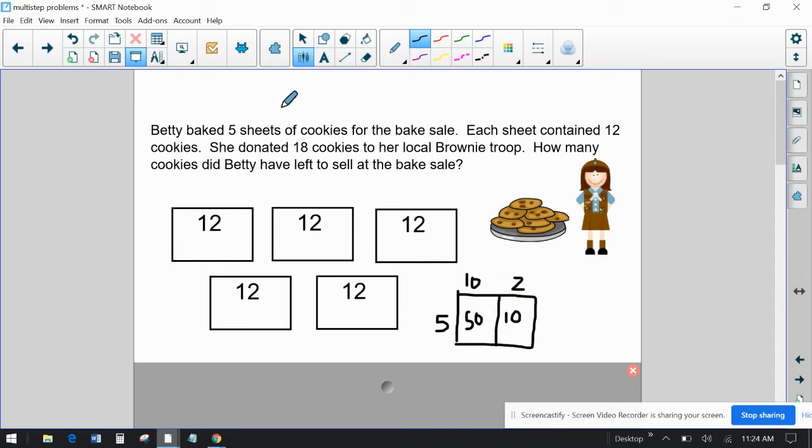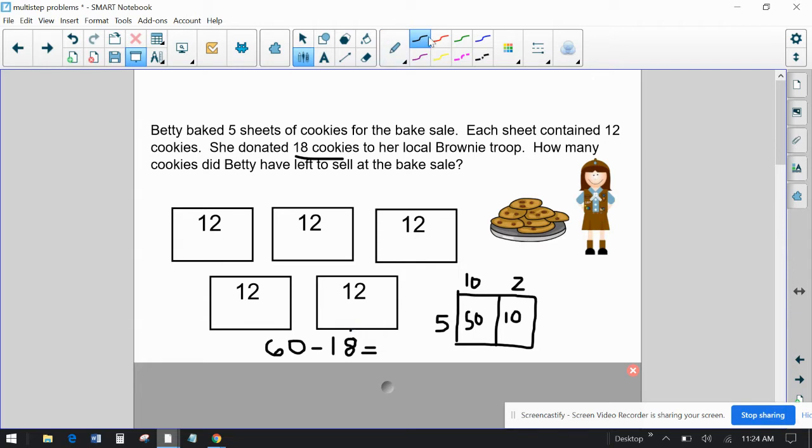So she starts out by making 60 cookies. And then the second step is 18 cookies were donated. So when you're donating something, you're giving it away. So we have to find the difference of 60 minus 18.